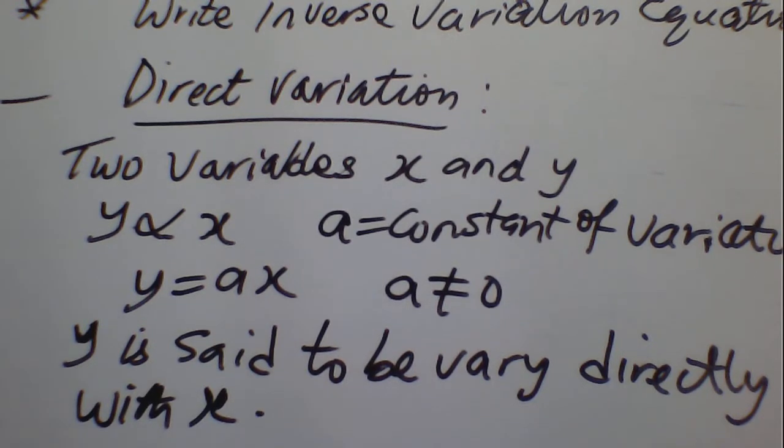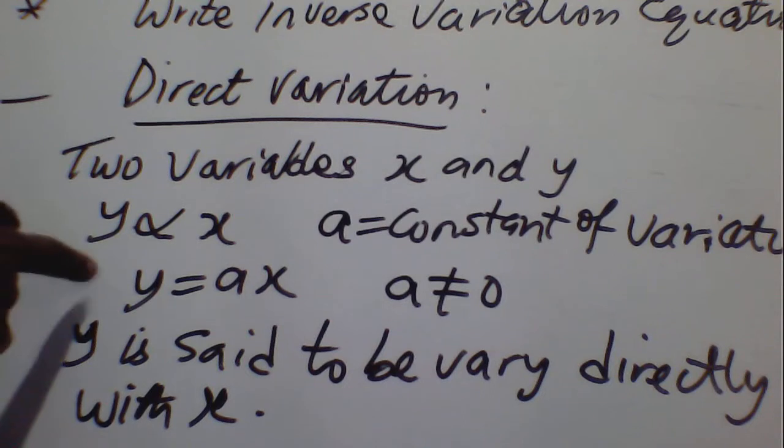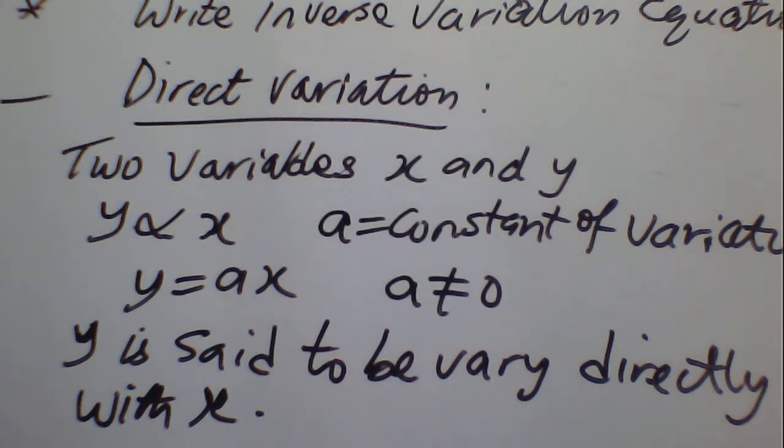This is the relationship between y and x, where a is the constant of variation.